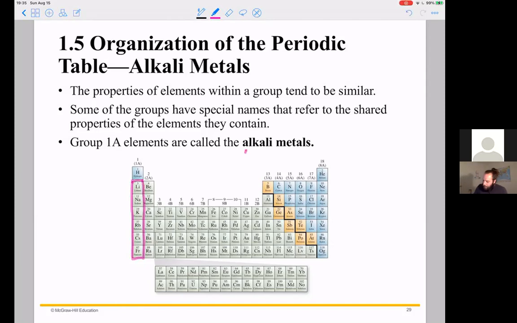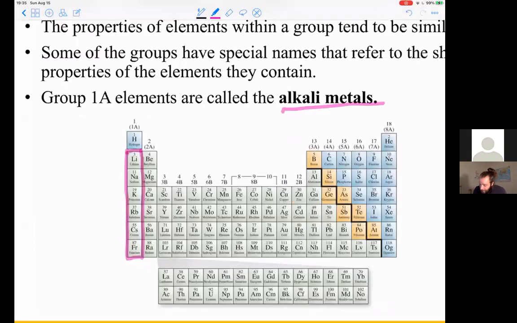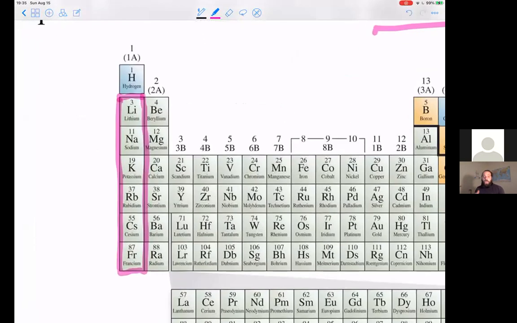These are called the alkali metals. Okay, so you're gonna have to know which columns are associated with which name. That's another skill that I'll expect you to have. And again, that first one are the alkali metals. And so again, all alkali metals behave very similarly. Lithium behaves very similar to sodium, behaves very similar to potassium, et cetera, et cetera.